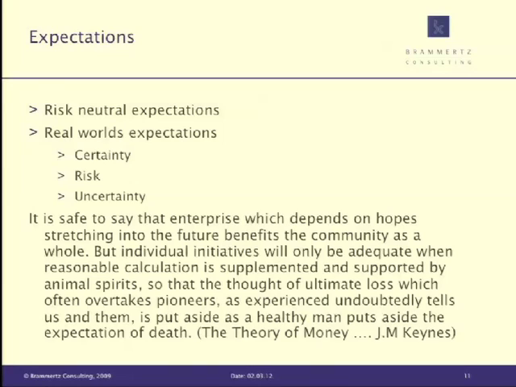So there is something where you have calculation, and what we do here, basically, in this seminar, is mainly to bring that reasonable calculation, to push that a little bit further out. But we should have no doubt that still there you need an animal spirit on top. The entrepreneur decides.